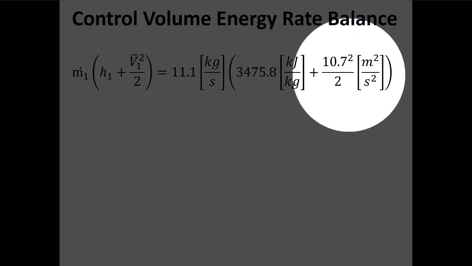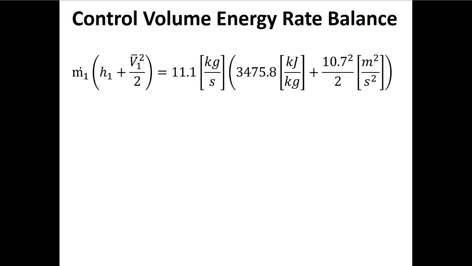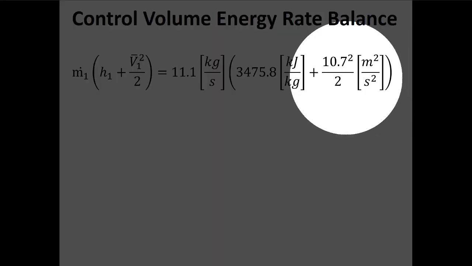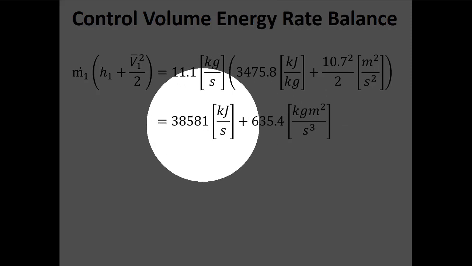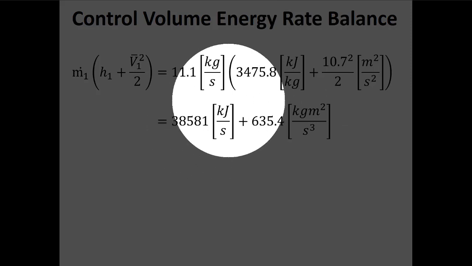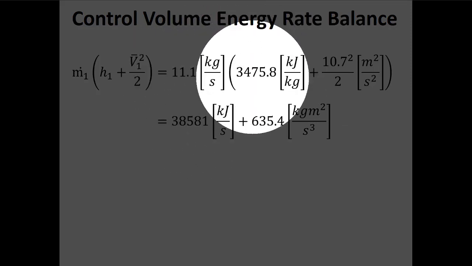And now I look at this velocity term. Maybe your spidey sense is already tingling. Maybe you understand that this is probably not going to be the right unit. But let's carry the equation through. So here I get 38,581 kilojoules per second. That's going to be this times this.